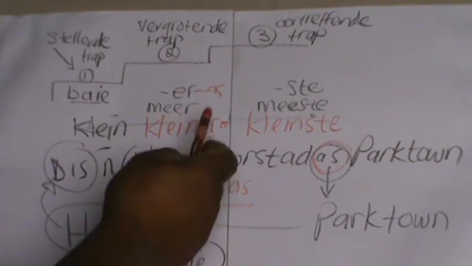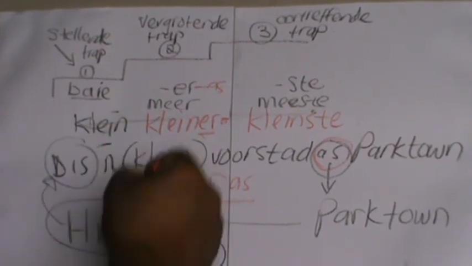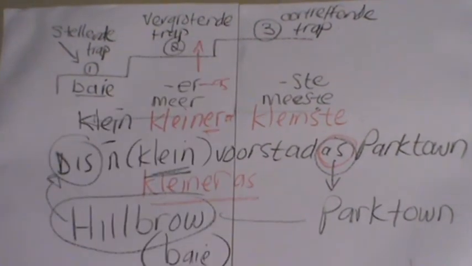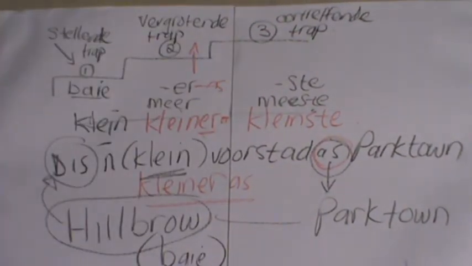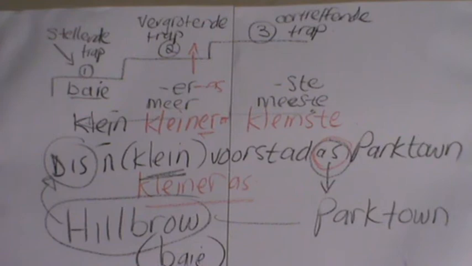So if we find dan in our sentence, then we know it is our vergrotende trap. Then in oortreffende trap, whenever they say we have to put it in the correct form, not telling us it's either vergrotende trap or oortreffende trap, we have to look for clues in our sentences, right?